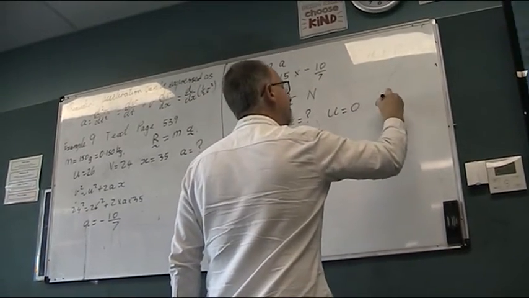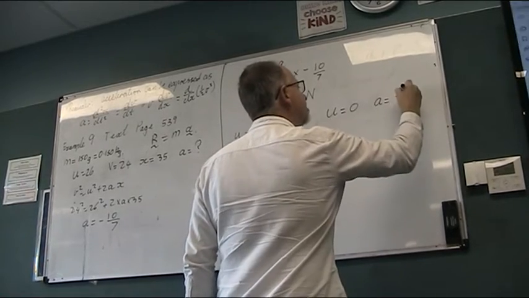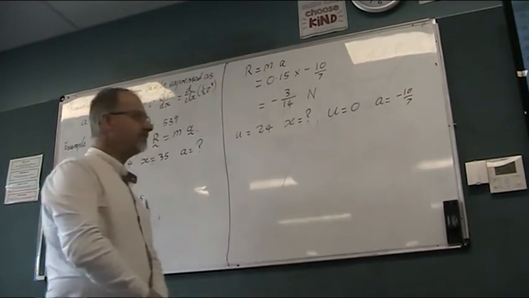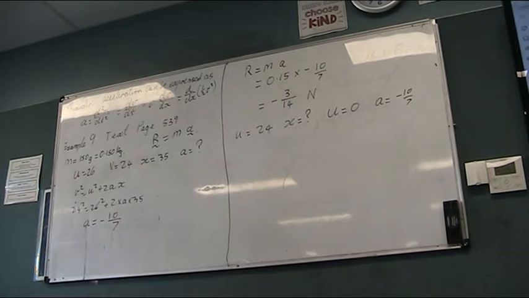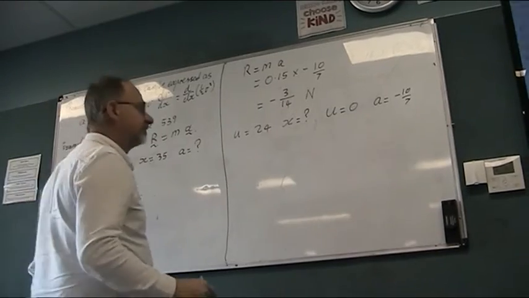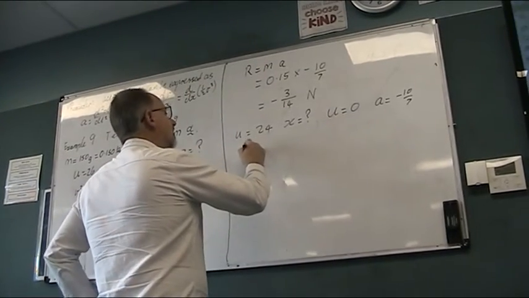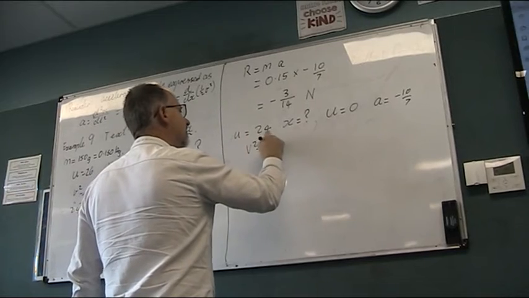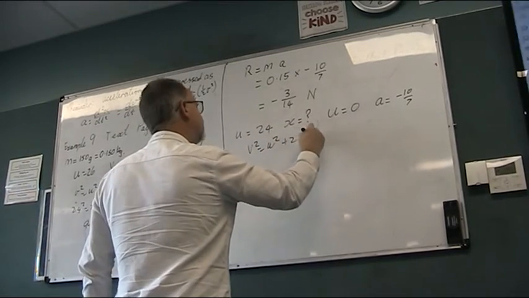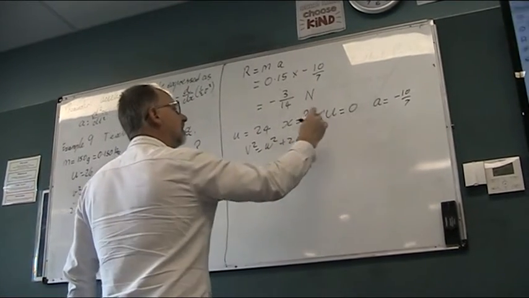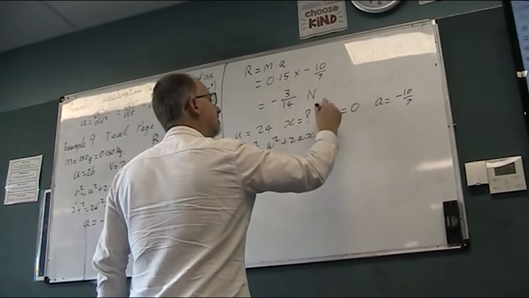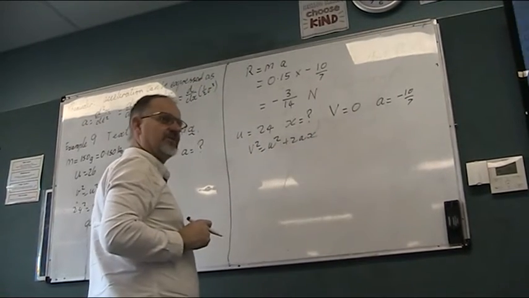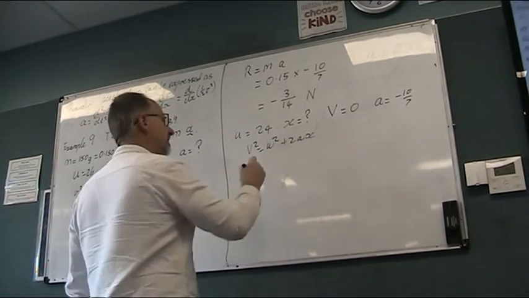We've figured out the acceleration, negative 10/7, so we can use the same formula. v squared equals u squared plus 2ax. That's wrong, that's v, not u. We want the final velocity to be 0, don't we?